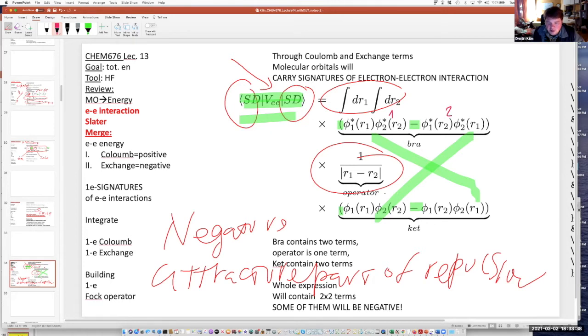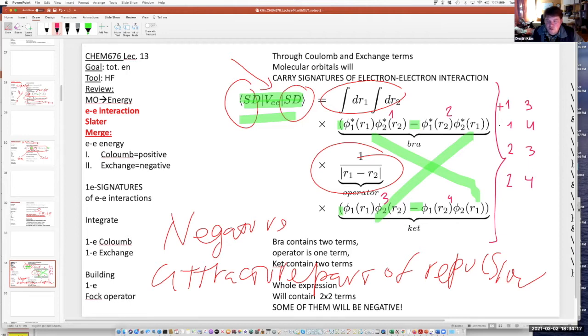In the second bracket, I have 3 and 4, right? Now, the result of the overall equation will include 1 times 3, 1 times 4, 2 times 3, 2 times 4, right? So 1 times 3 will have positive sign.